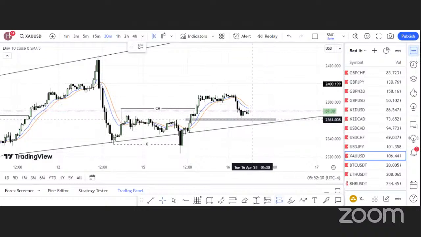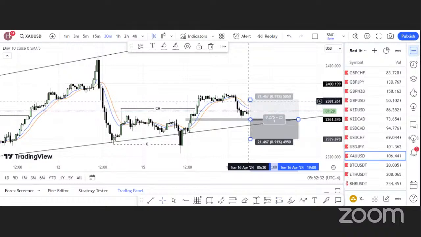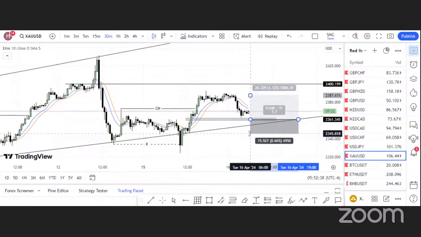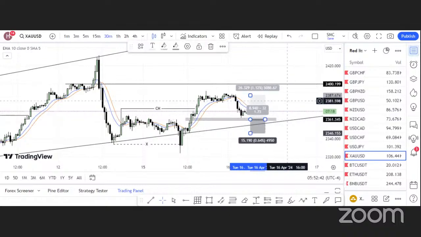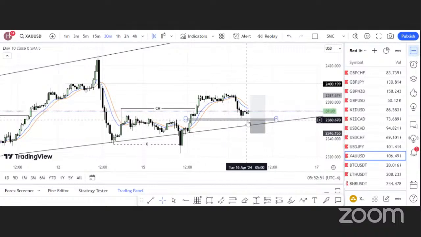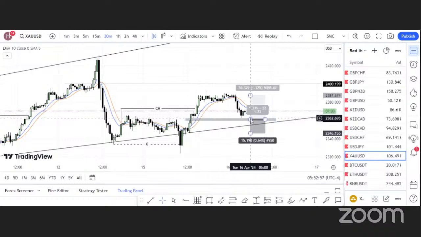So when the market comes back into this gap and closes the gap, so let's say the market comes back into this box that I've drawn out, then that is a close of this fair value gap.